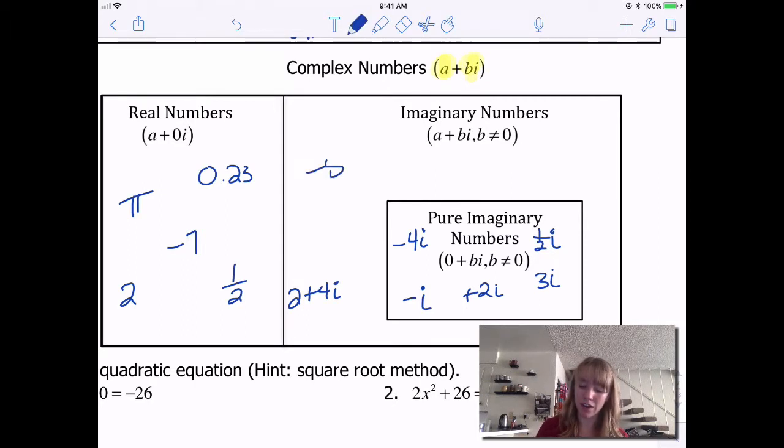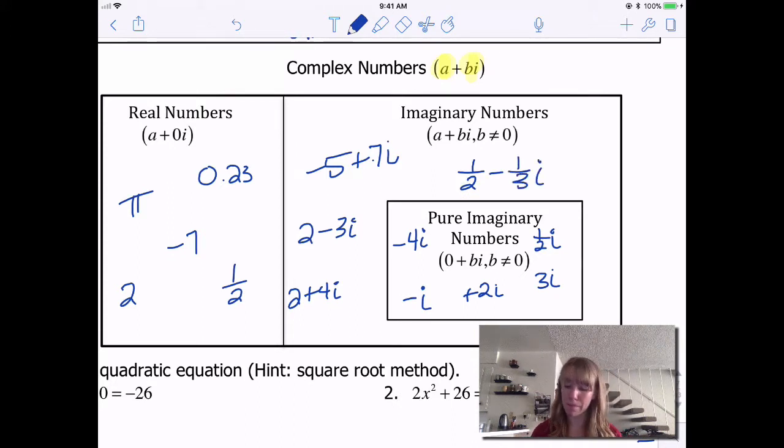Everything else, -5 plus 7i, 2 minus 3i, I've just got all of those real and imaginary pieces. So 1/2 minus a third i has a real part and an imaginary part. We usually list, just for convention, the real part first and the imaginary part second. So when you finish your answer, make sure that you put real and then imaginary.